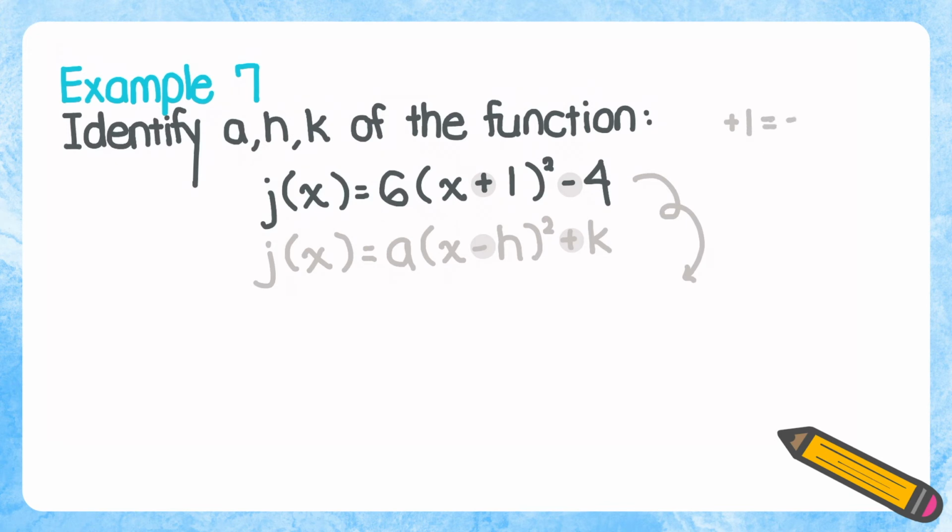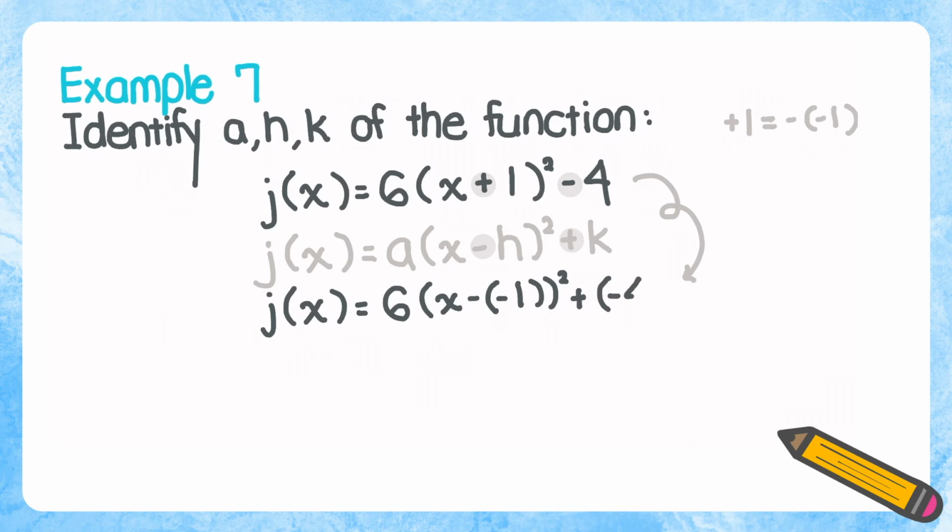Notice that positive 1 can be written as minus negative 1. We would rewrite this as j of x equals 6 times (x minus negative 1) quantity squared plus negative 4. I had to rewrite the h and k parts to get an exact match.